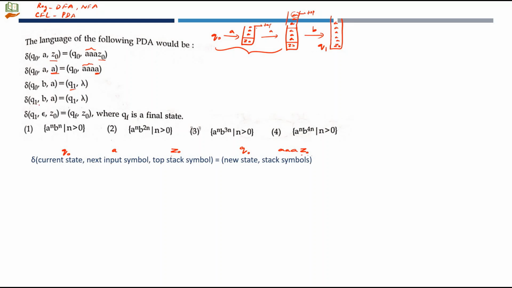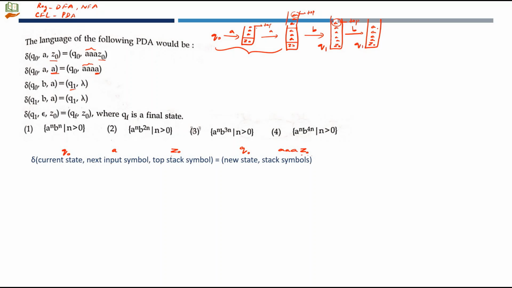Again from Q1 state, when I read B input with the top element as A, the top symbol is still A. Again when I read B, this A will be popped out and we have 4 more A's along with Z0. Still we are in Q1.